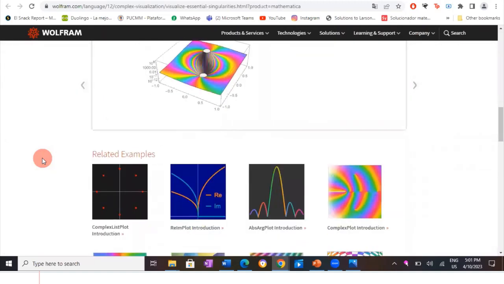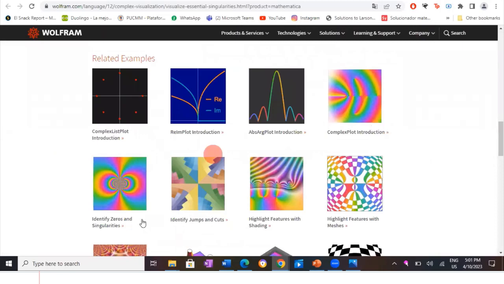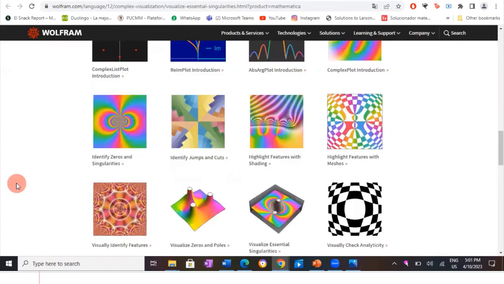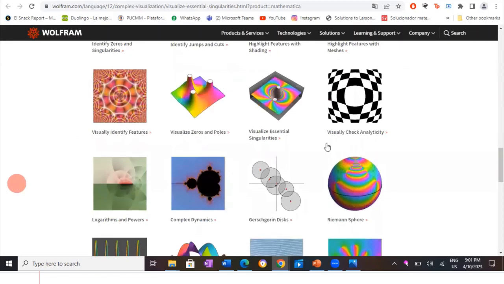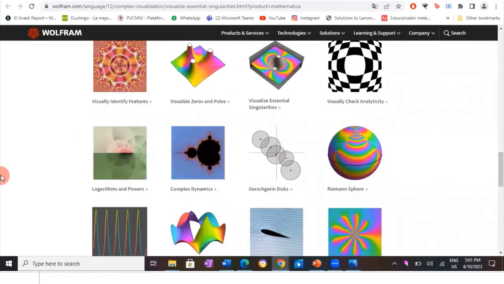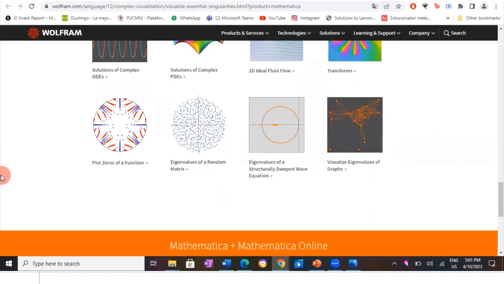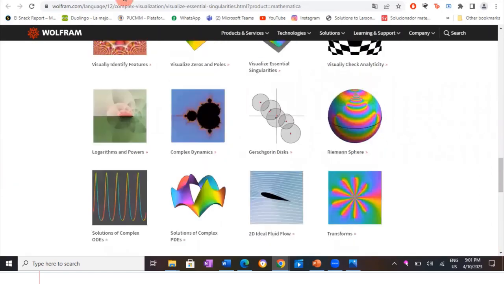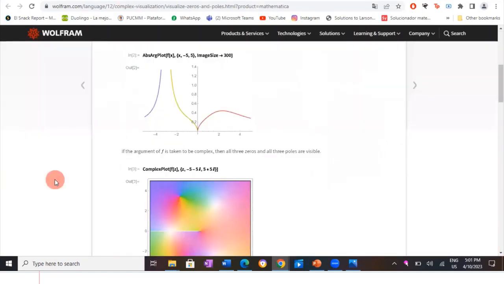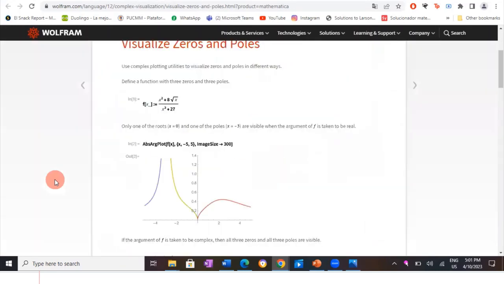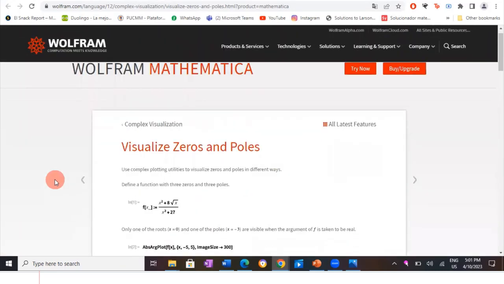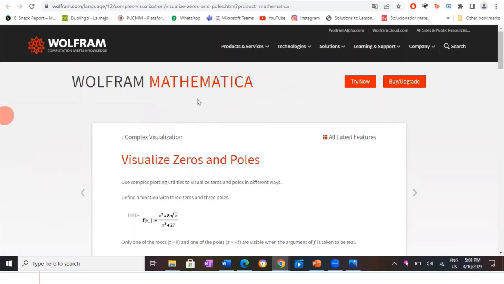In this way, we could also see another type of representations over here, and many resources as well. The Riemann sphere, for example. So I do recommend you to check this really powerful site. Again, there are many tools that can be used.